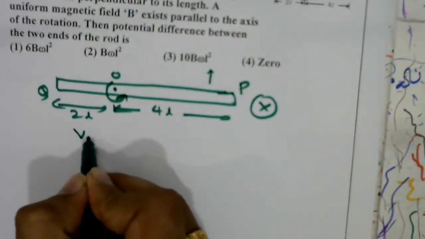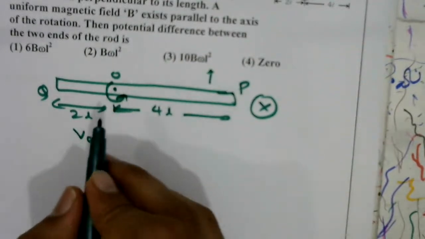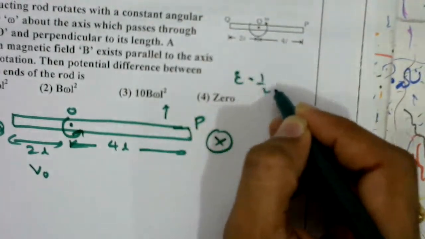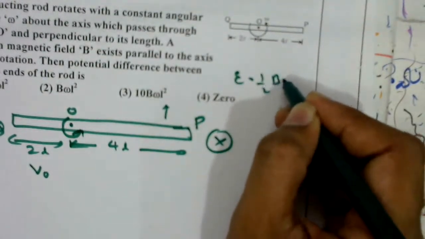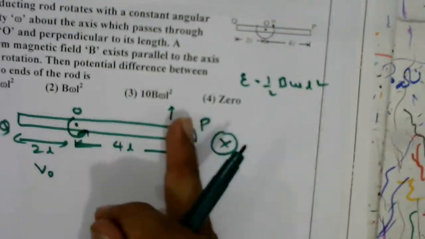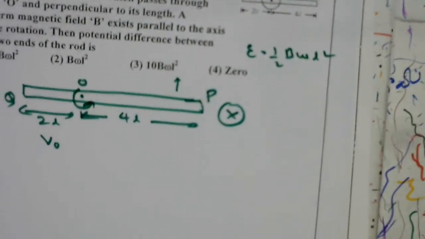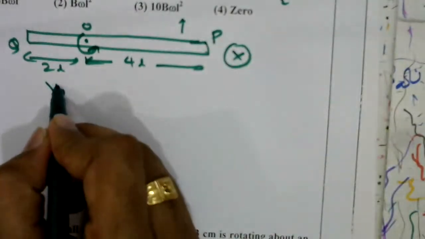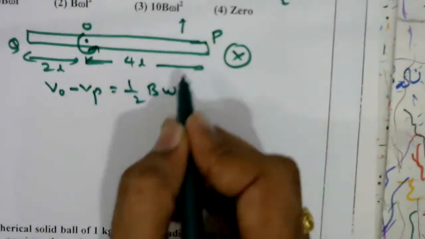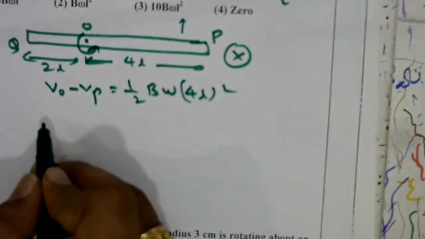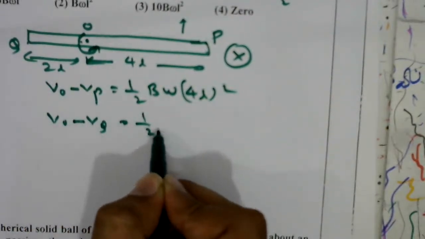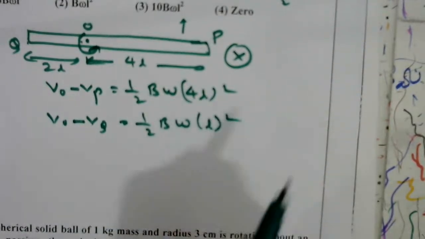Now we can write the potential difference. You remember the induced EMF formula for a rotating rod: half B omega L square. Here, V0 minus VP is equal to half B omega, with the distance from here to here being 4L, whole square. And V0 minus VQ is equal to 1 by 2 B omega L whole square.